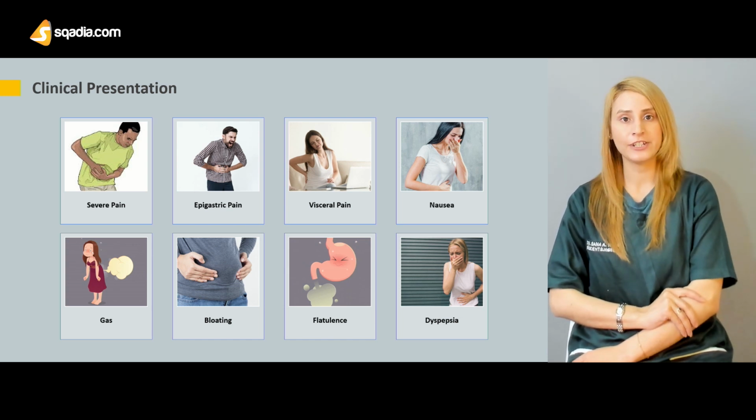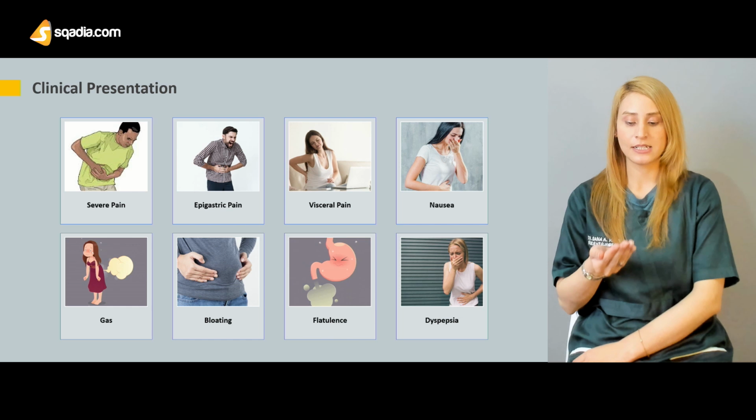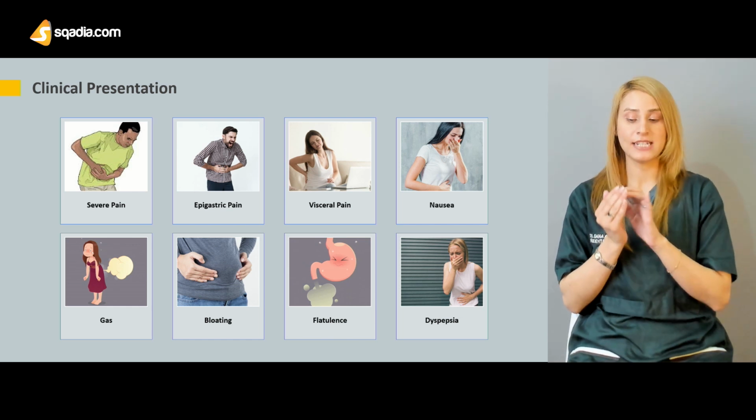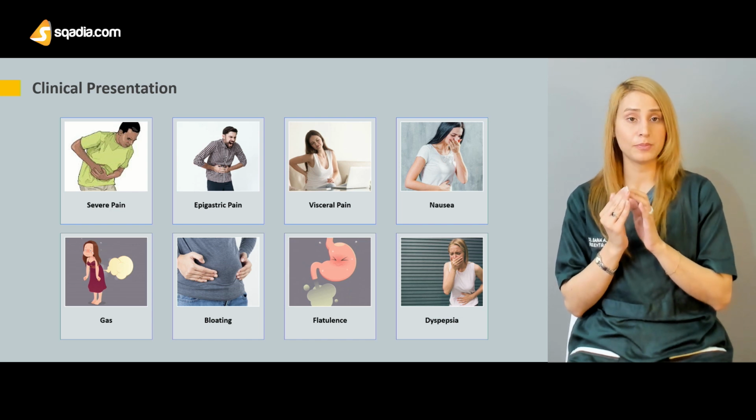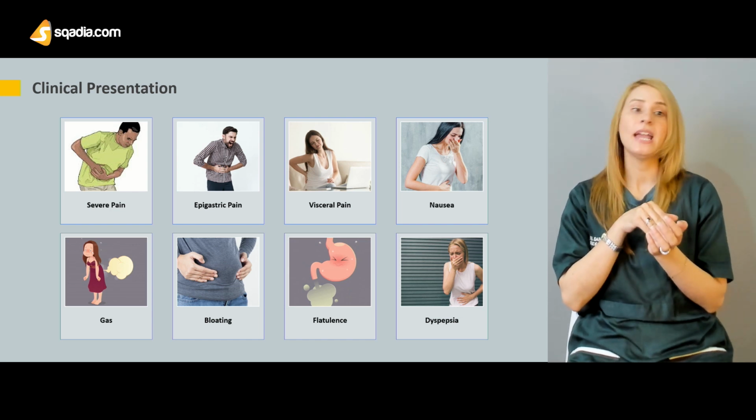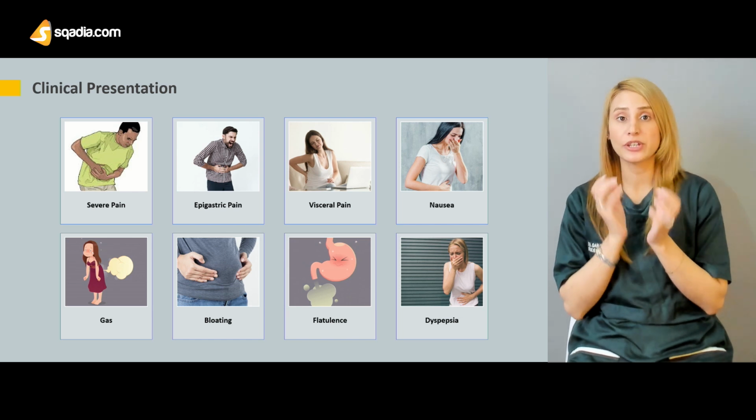What do you mean by Murphy's sign? You deeply press the right hypochondrium with the pulp of your fingers, and you ask the patient about any breathing difficulty.